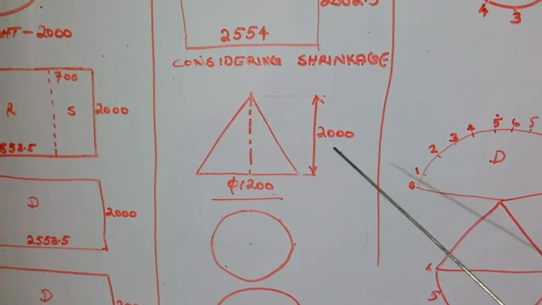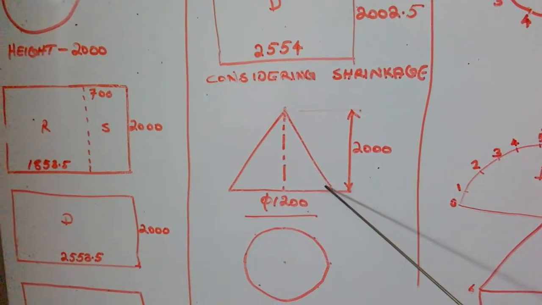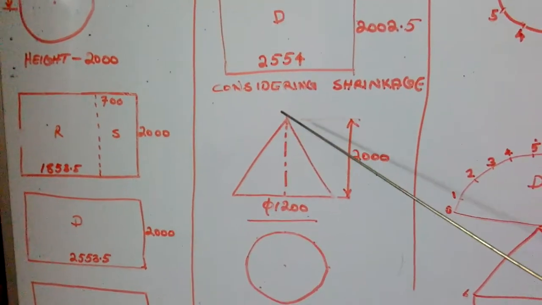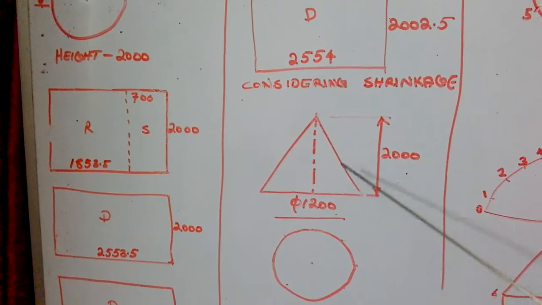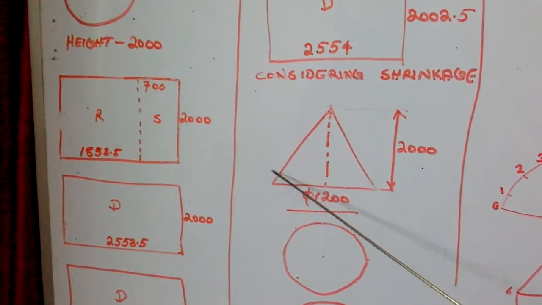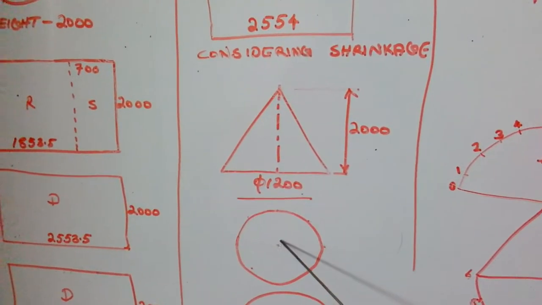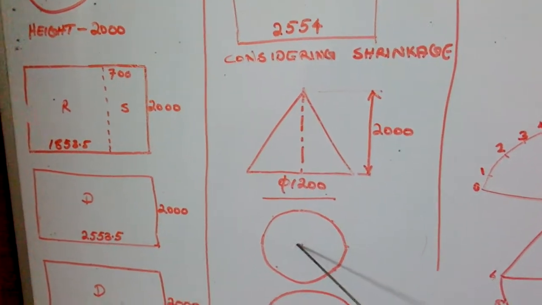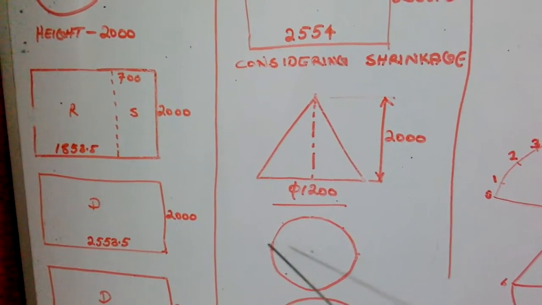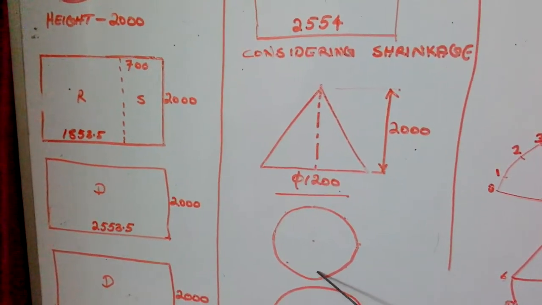How will we be showing it in plan? This length I can show it in plan. From here to here is this length. I told this length and this length both are same. If this length and this length are same, this length and this length also will be same.